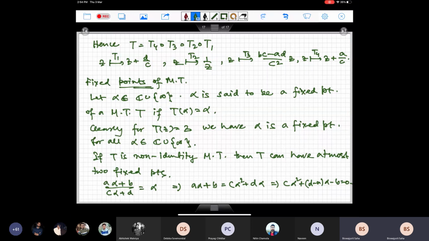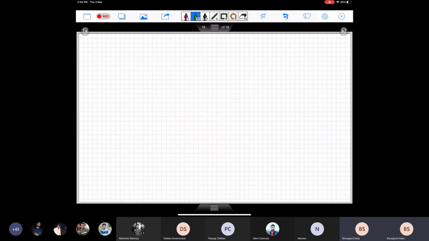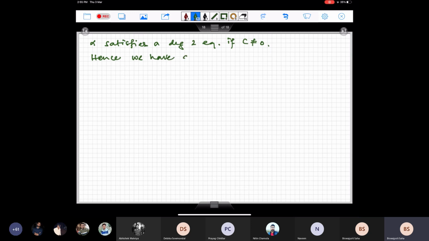If I have to write it down, alpha satisfies a degree 2 equation if C is not equal to 0. Hence we have at most two solutions in that case.